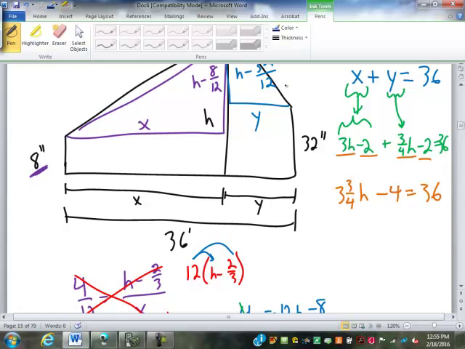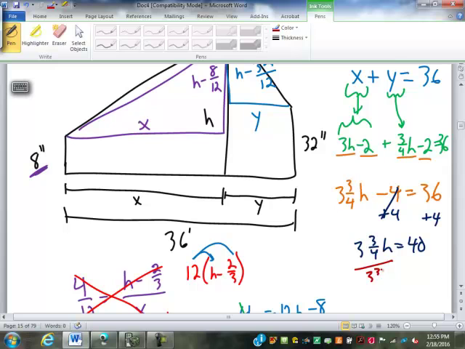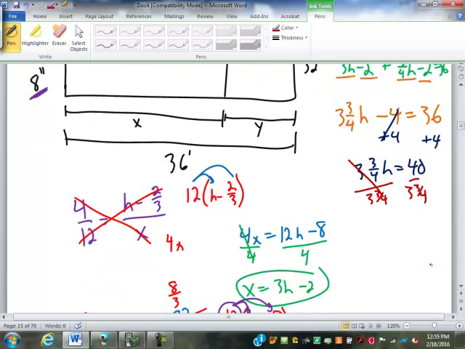And then we shall add 4. 3 and 3/4 h equals 40. And then you divide by 3 and 3/4. So consolidate.